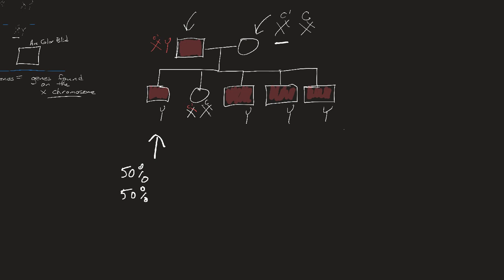If we're not worried about the order, then it would be 0.5 times 0.5 for this first person. Do you agree? Then the female having that combination, well, there's a 100% chance that dad's going to give her that X. Correct?